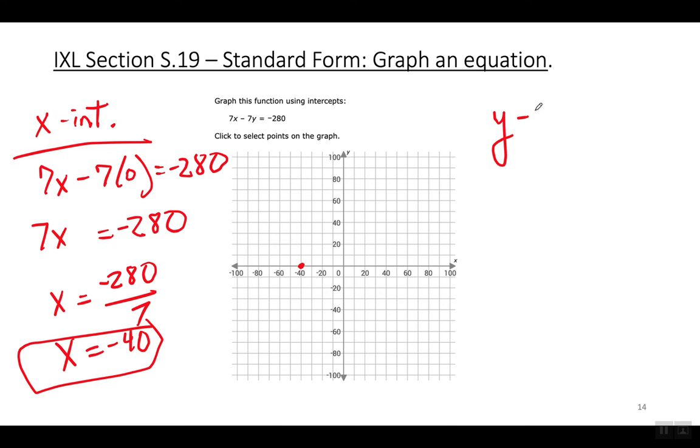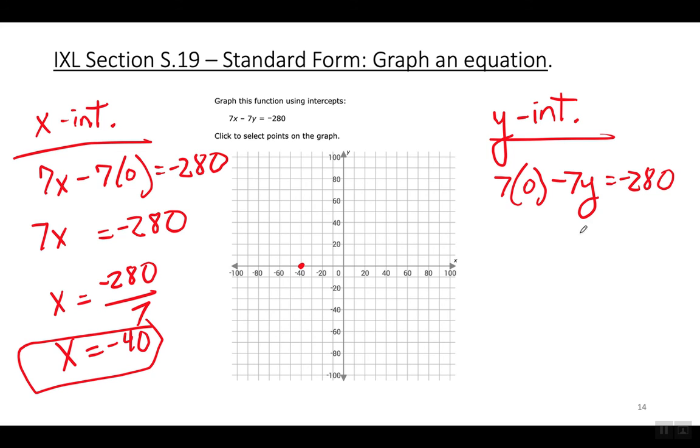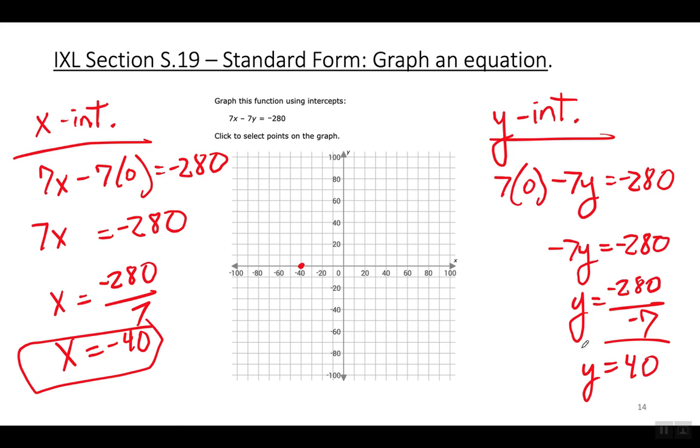And to find the y-intercept, I make x equal to 0 and solve for y. So there's my x and y intercept.